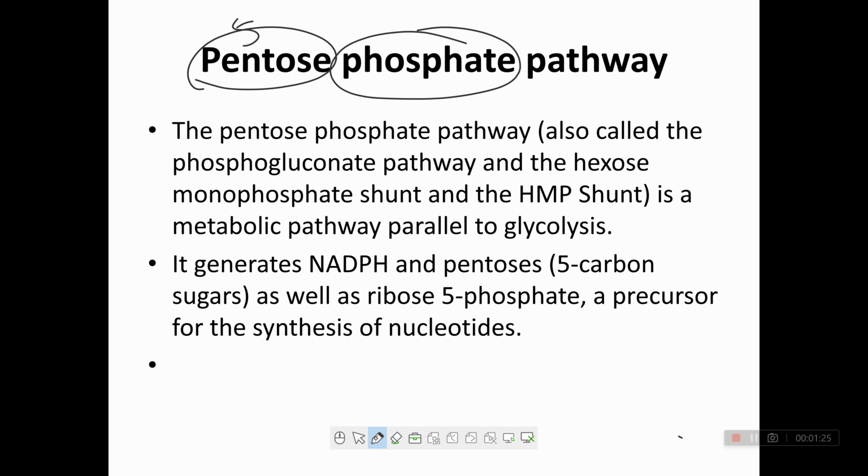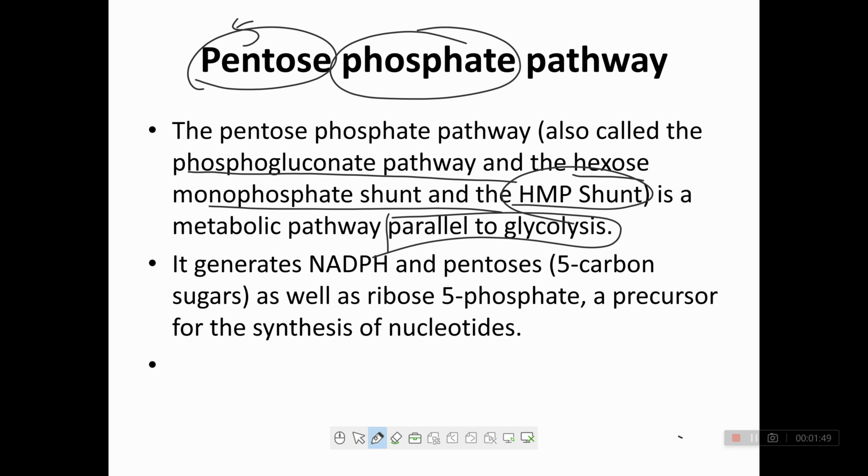The pentose phosphate pathway is also called the phosphogluconate pathway or the hexose monophosphate shunt, the HMP shunt, and it is a metabolic pathway that is parallel to glycolysis. Already I told you the pentose phosphate pathway is parallel to the glycolysis pathway.